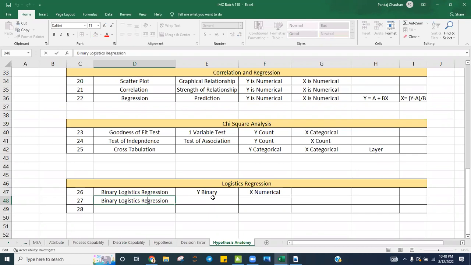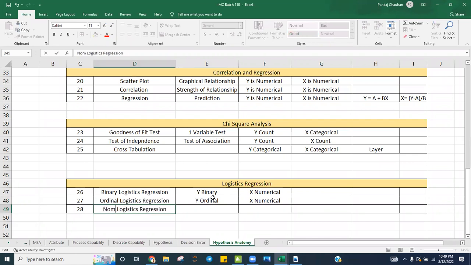Similarly, if your data is ordinal in nature, which means sequential data in an order, then we perform ordinal logistic regression. X still will be numerical and your Y will become ordinal here. In case your data is categorical, which means nominal, more than 2 categories, independent.